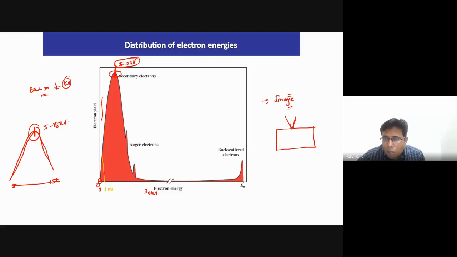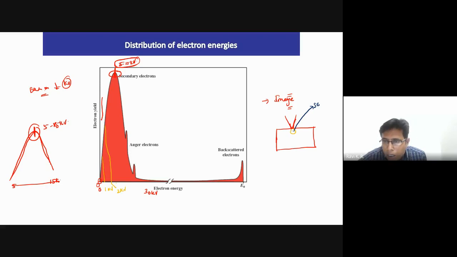you'll see this small interaction volume, and from this small interaction volume you start getting the secondary electrons. Suppose we increase the voltage further, let's say to 2 kV.